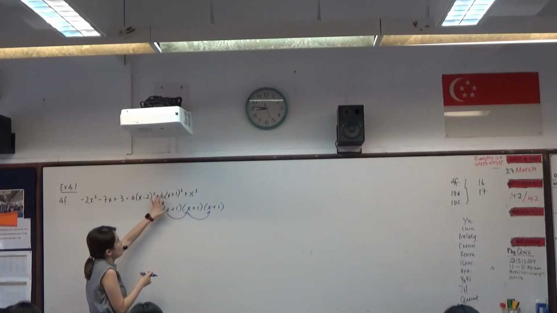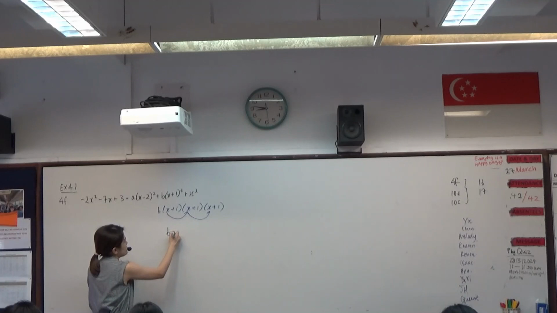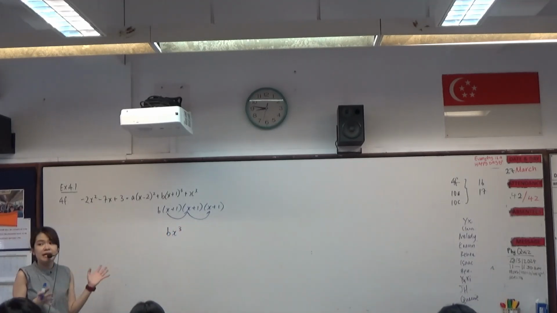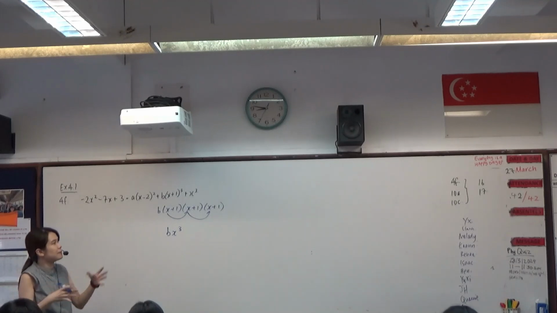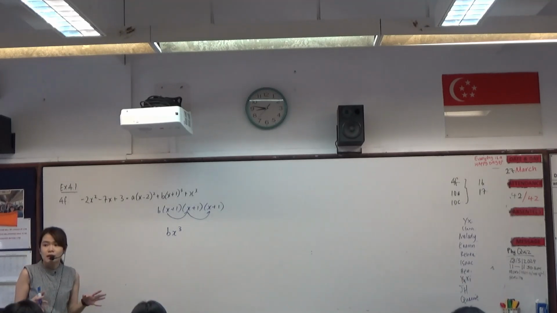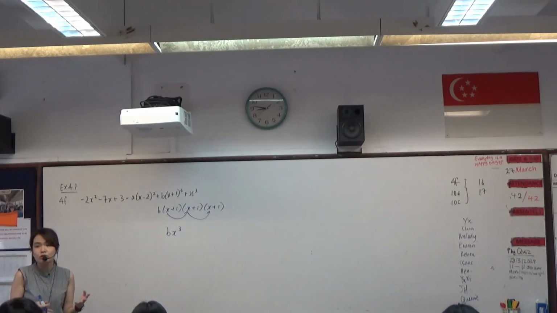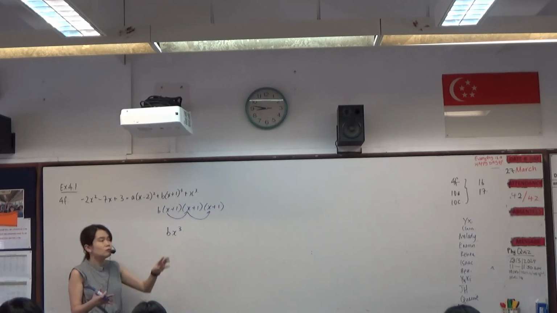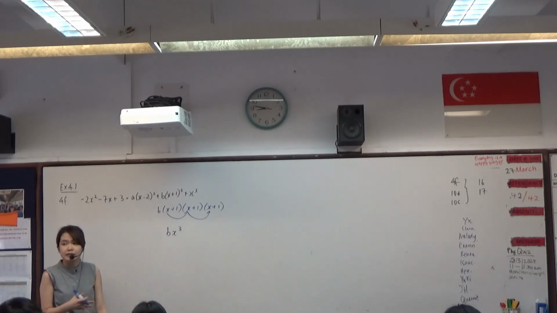Right? So over here, I'm able to get a bx cubed. Okay, and I can only have bx cubed. I will not be able to have any other x cubed. I cannot have a 2x cubed, 3x cubed, or anything else. Okay, I will only be able to have a bx cubed because x times x times x gives me an x cubed. Later on, times the b, I will get a bx cubed.